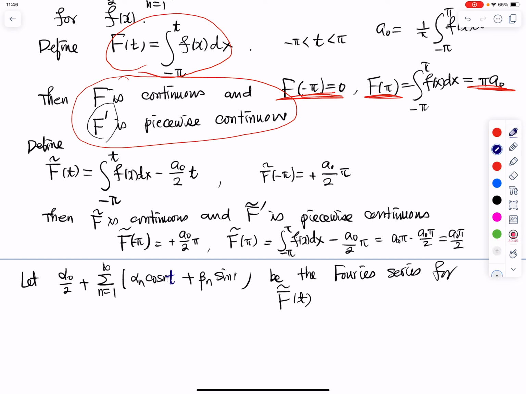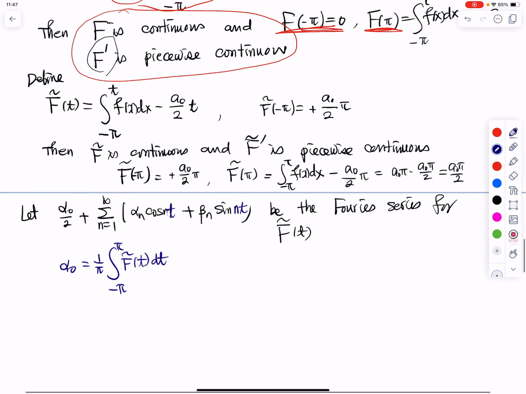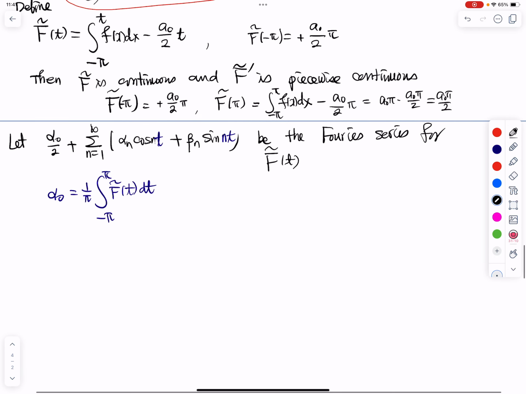Then compute alpha 0 equals 1 over pi integral from minus pi to pi of f tilde of t dt. And alpha n equals 1 over pi integral from minus pi to pi of f tilde of t cosine nt dt.